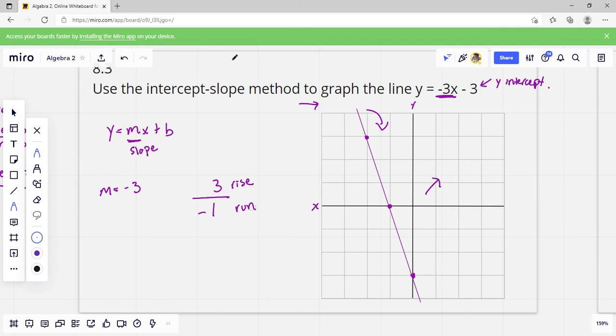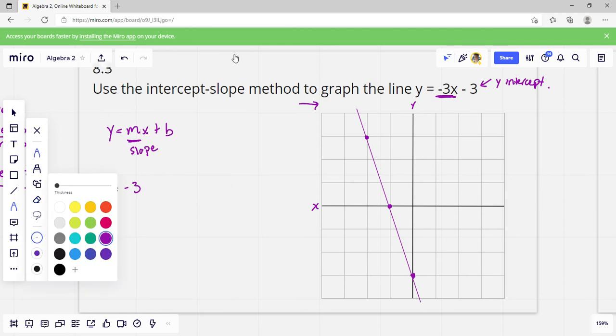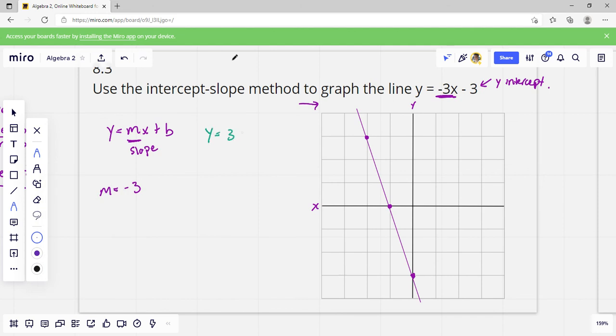So if we had y equals 3x minus 3 instead of negative 3x, all right, let me graph that one in a different color. So if we were graphing y equals 3x minus 3, our intercept is still going to be right here.